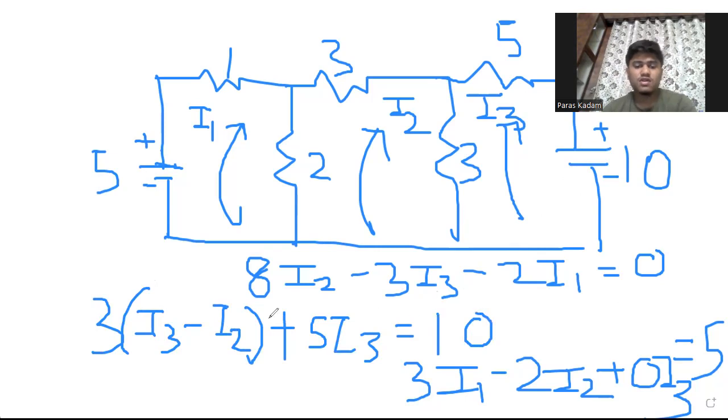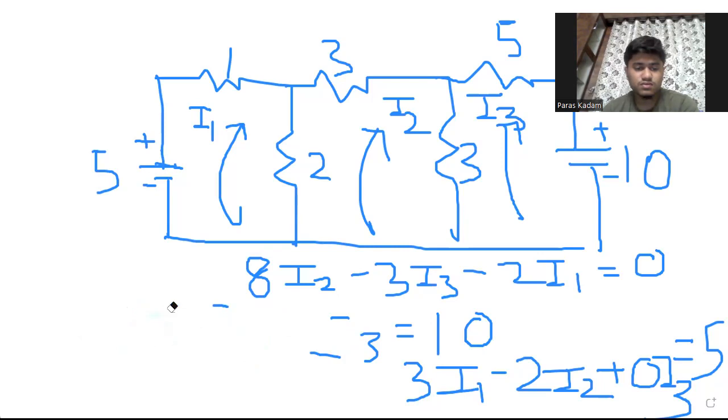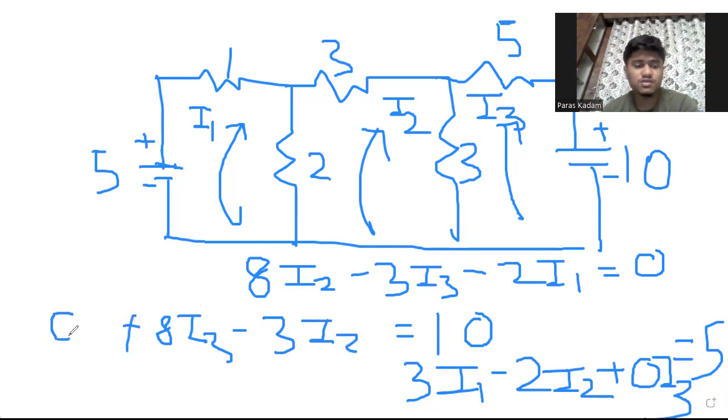Now 3I3 plus 5I3 is 8I3, minus 3I2, equal to 10. Also I have to write 0 I1 because I1 is not flowing through this mesh. So I got all three equations.